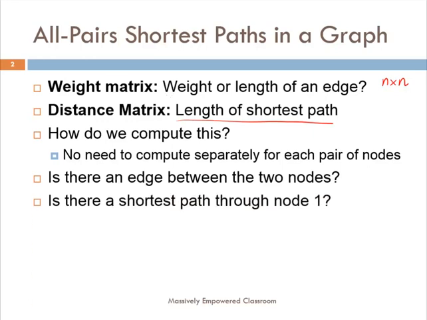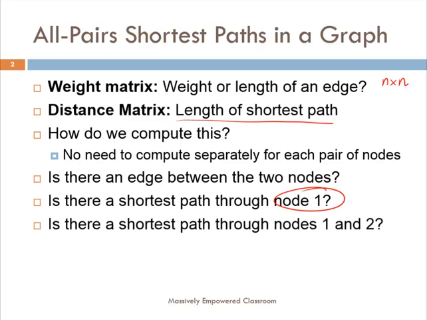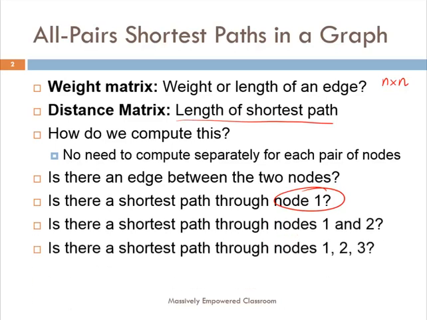Next, if that is not the case, we ask, is there a shortest path going through only node number 1? And then we ask, is there a shortest path going through only nodes 1 and 2? Then going through 1, 2 and 3 and so on. The same technique that we used in Warshall's algorithm is also used in Floyd's algorithm.